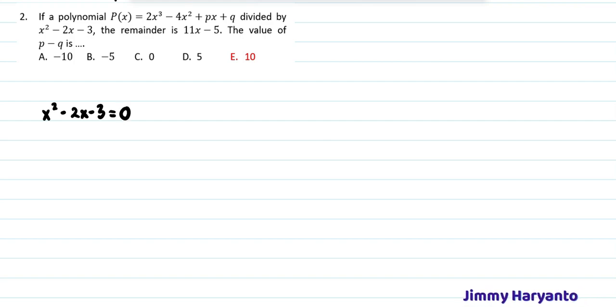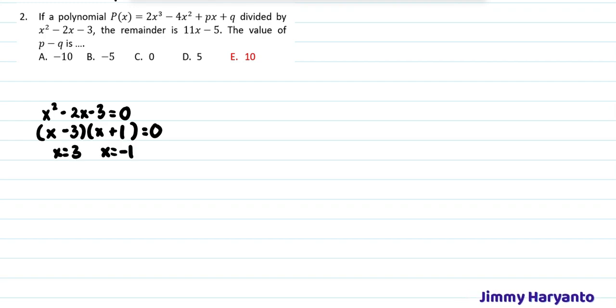To use the remainder theorem, you have to find the value of x from the divisor like this. You will factorize it like that, and then x equals 3, x equals -1. So we already have the x values for the divisor, and then we'll use the remainder theorem.